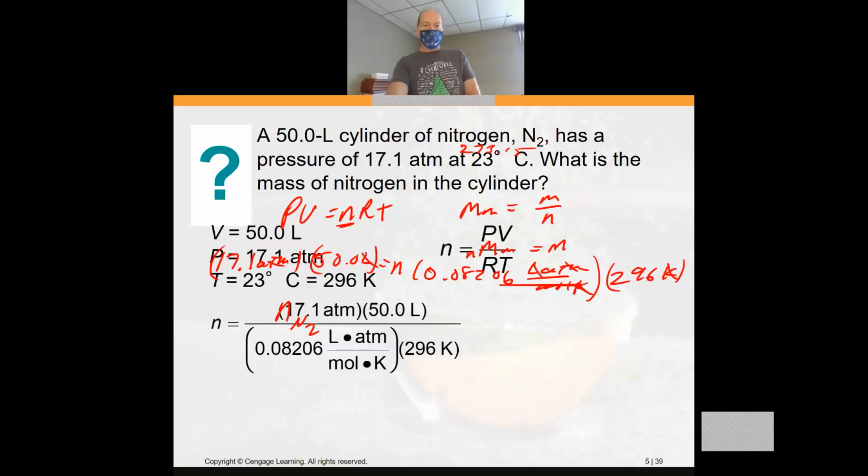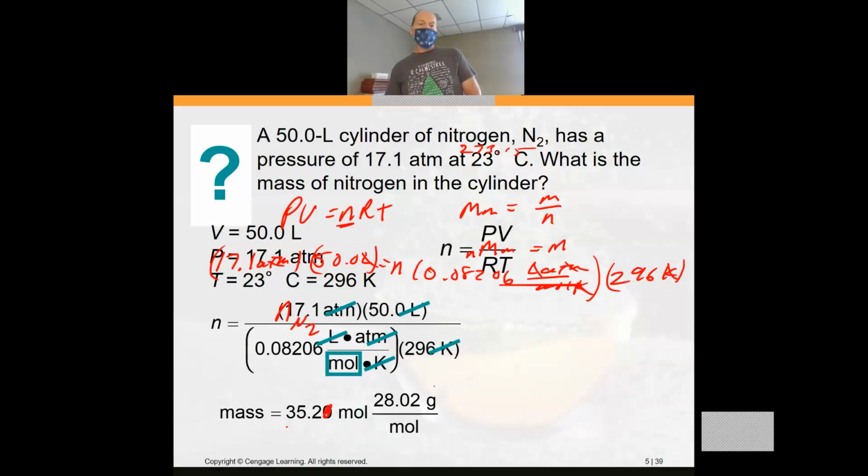And so when you get your moles of nitrogen, that is going to be 35.20. That's the wrong sig figs. That is 35.2. All right, and when you take your 35.2 moles of nitrogen, which you have to remember is N2, now you have the moles of N2 per gram of N2.